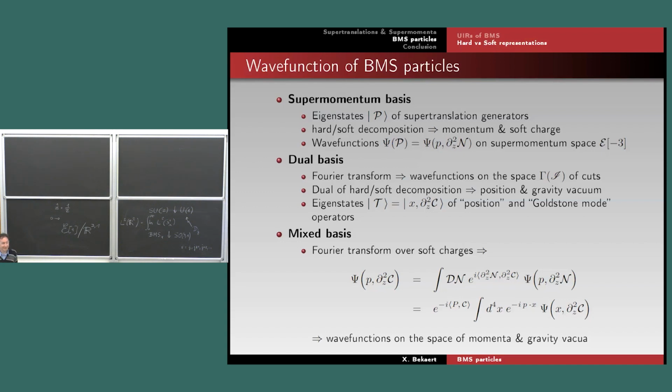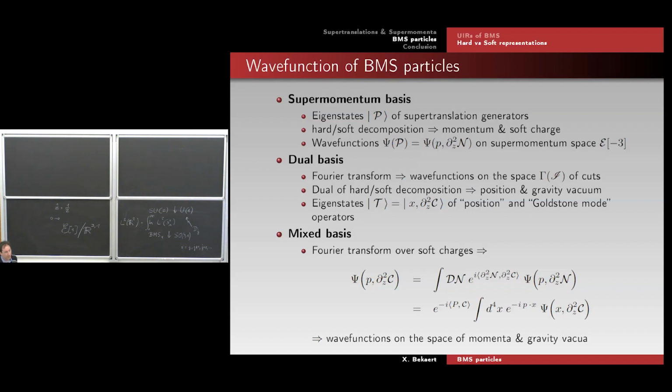Also, in another direction, I would like to know if you agree or not with the fact that if we don't have soft momenta, a BMS quantum field theory will be a decoration of a Poincaré field theory.